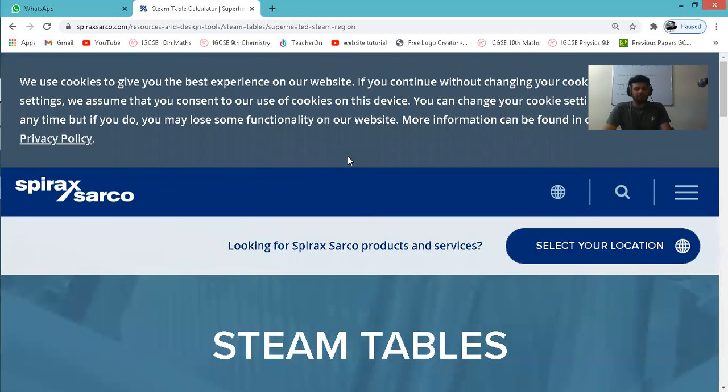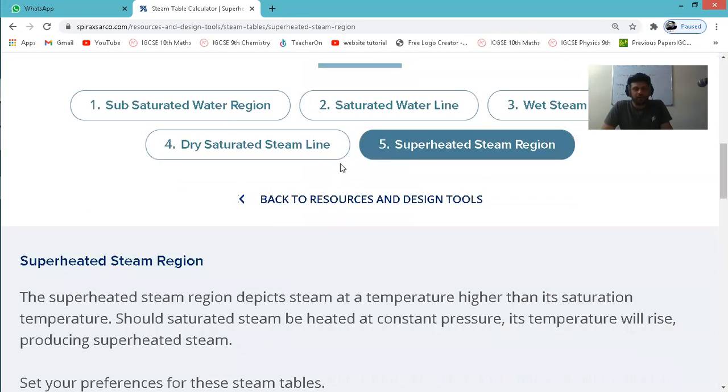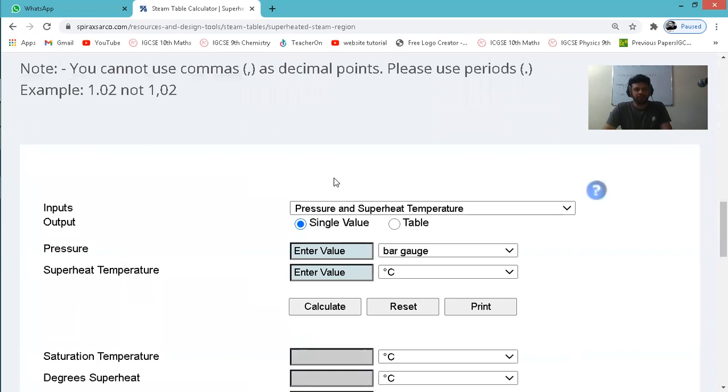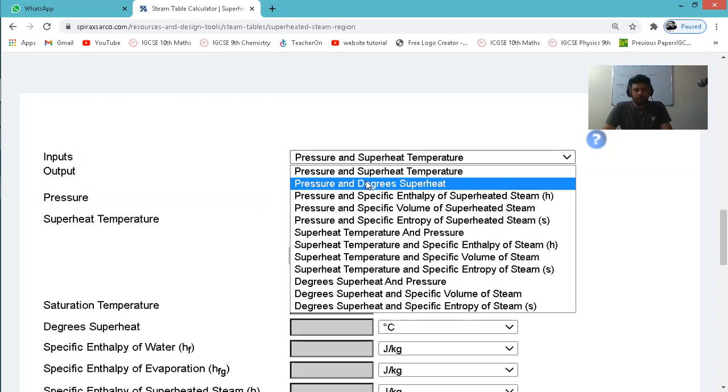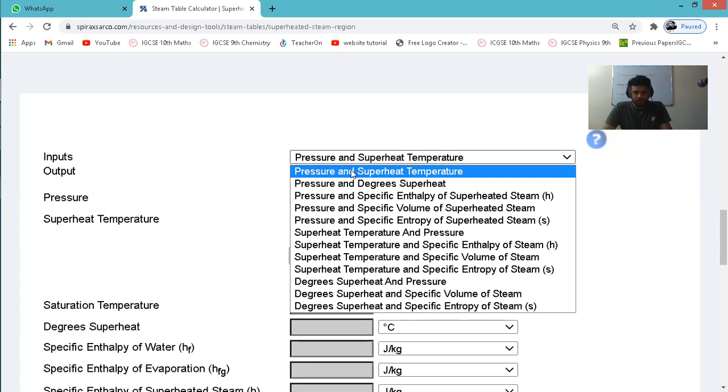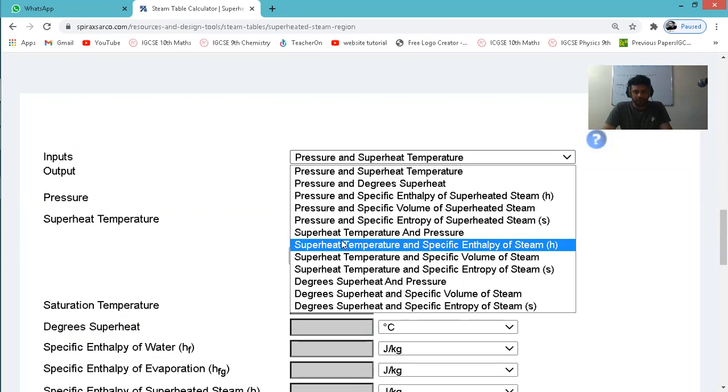So this is the website we should be using, and we're gonna get into the superheated steam region, and we are going to use pressure and entropy as the inputs.